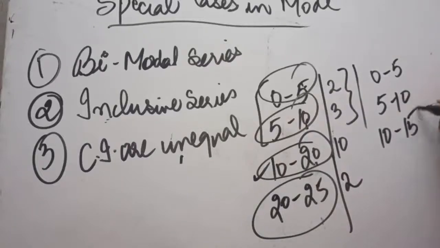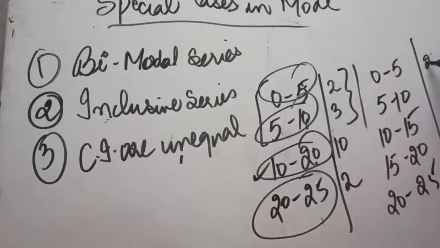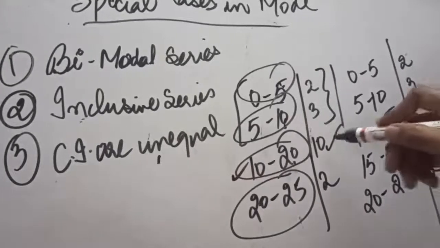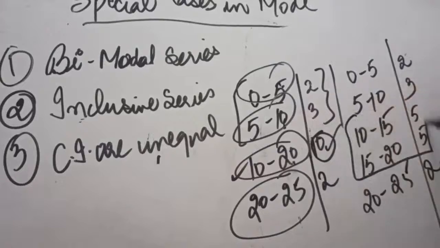Here it will be 10 to 15, then 15 to 20, then 20 to 25. Now this is 2, 3. This has been split into two parts, so it will be distributed equally like this. So now when we have split 10 into these two, half we have distributed. So after this we can calculate the mode. But before making them equal, you cannot calculate the mode. You have to convert the unequal class intervals into equal class intervals.